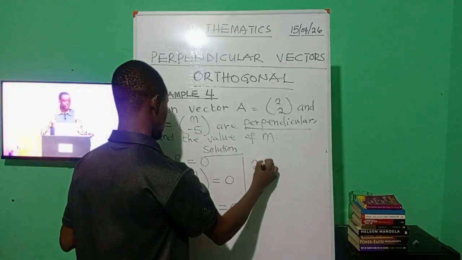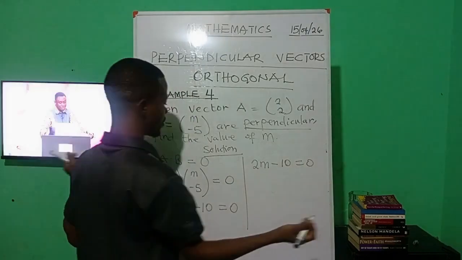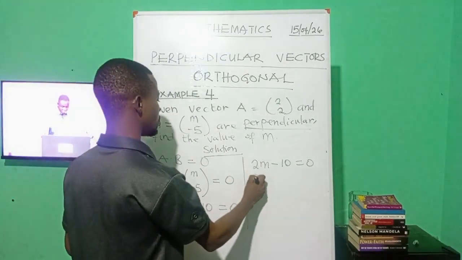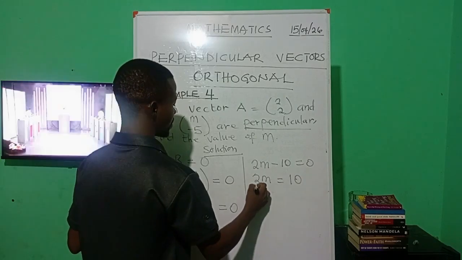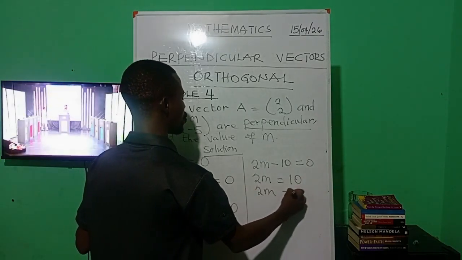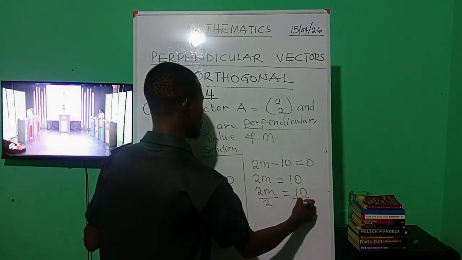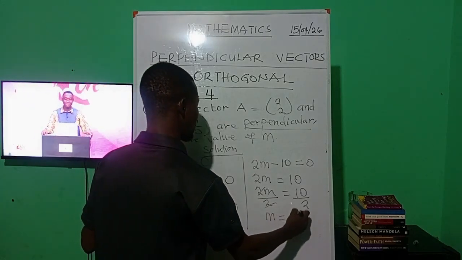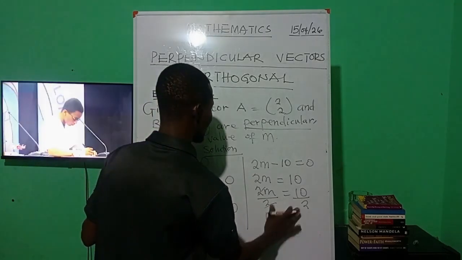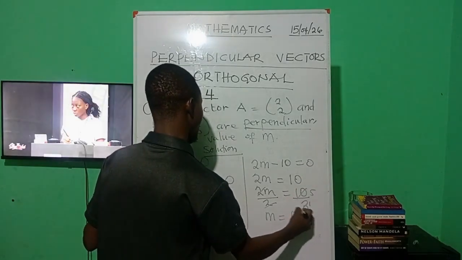Now I have 2m minus 10 is equal to 0. 2m will be equal to 10. You divide both sides by 2. It means that our m is equal to 10 over 2, which is 5.